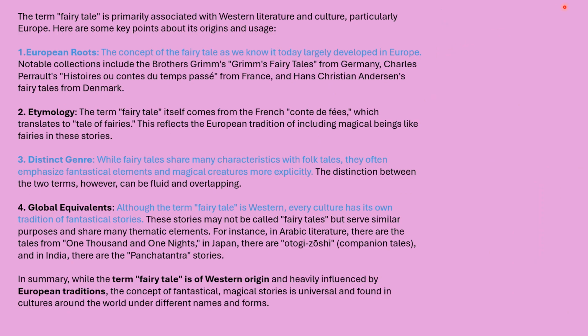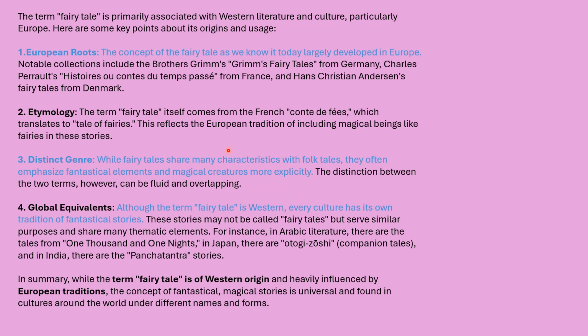An important consideration is the fact that the fairy tale is a genre associated with Western literature, with European literature. It has European roots. The word comes from the French conte des fées, which is like the story of fairies.